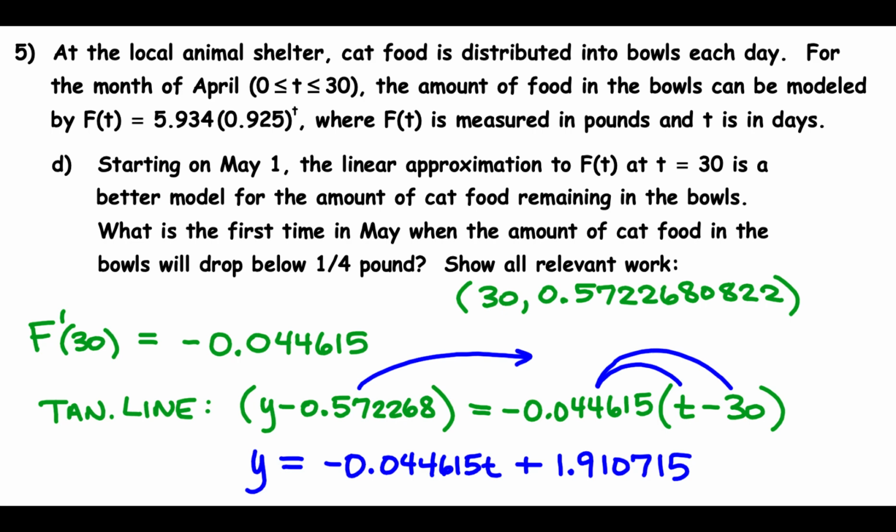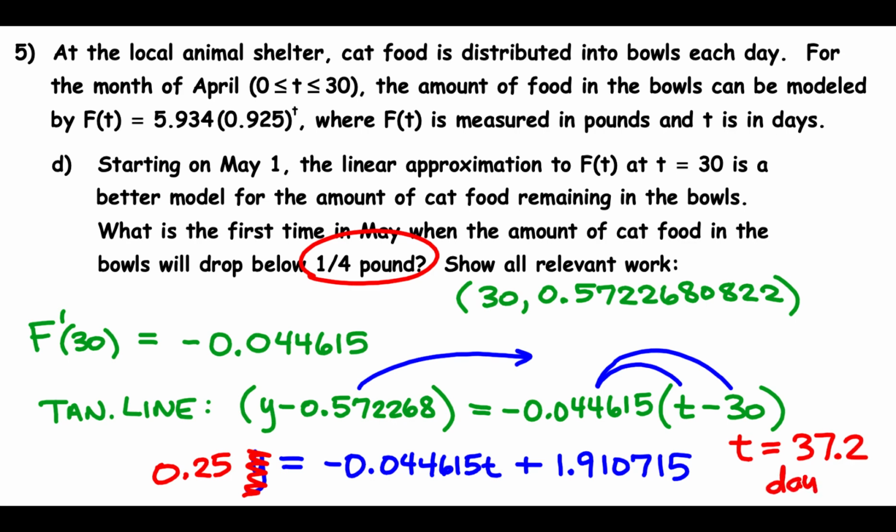All right, we want y to be a quarter pound. That's going to be 0.25. So we'll just put that in instead. We need to figure out what t is at that point. So we can subtract the 1.91 figure from both sides, divide both sides by negative 0.044615, and that's going to give us approximately 37.2.